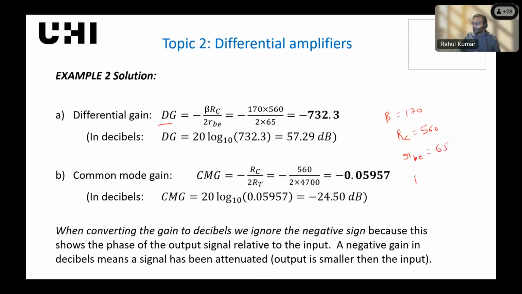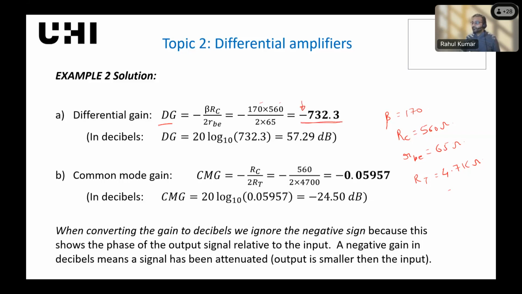RT is 4.7 kilo ohms, and RC is 560, I've already mentioned. Right, all the values are given, we just have to substitute them. So if you substitute the values, we get a negative value here.